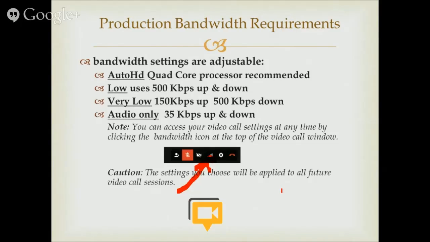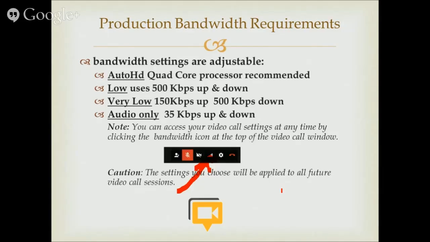We can set it at auto high definition, which was intended for quad-core processors, but it works fine with dual-core processors. Low speed, which means that we'll use up to 500 kilobits in our uplink and downlink presentation. And that's basically the old 640 by 480 display.